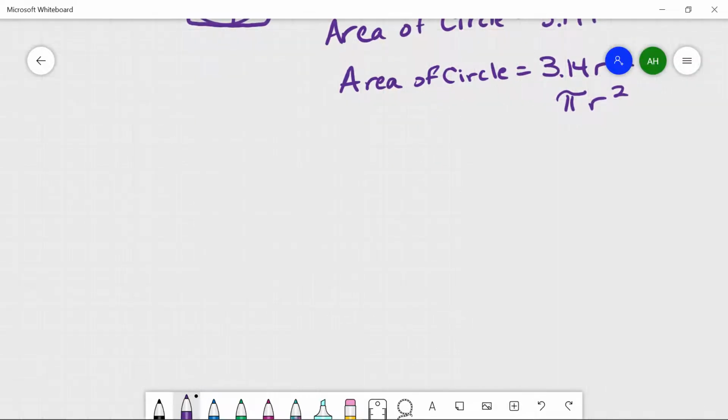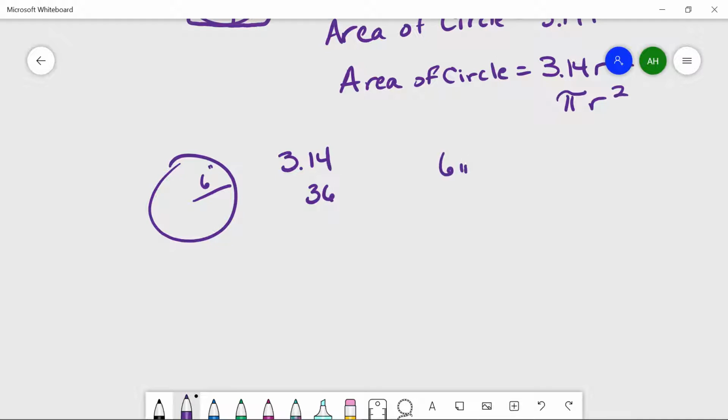So if we have a circle, and the radius of the circle is 6, then we're going to do 3.14 times the radius squared, not times 6, not times 12, but times 36. And think about the fact that this is 6 inches, right? So 6 inches times 6 inches equals 36 square inches.